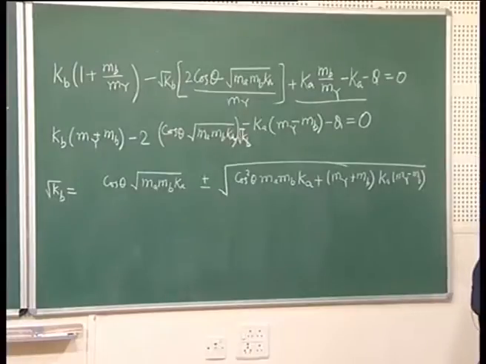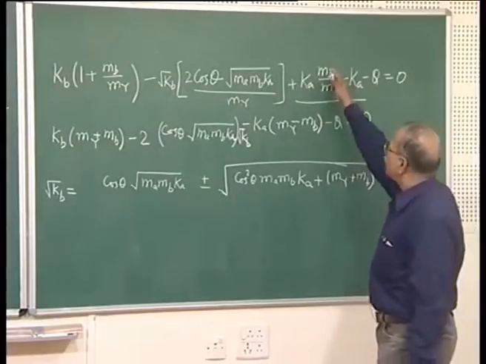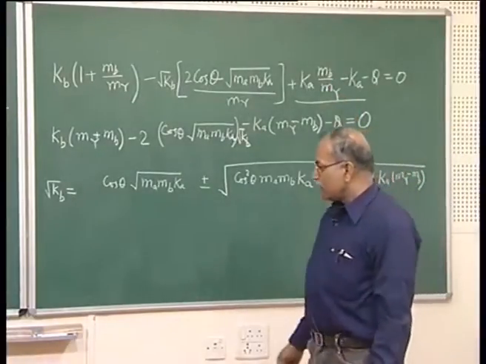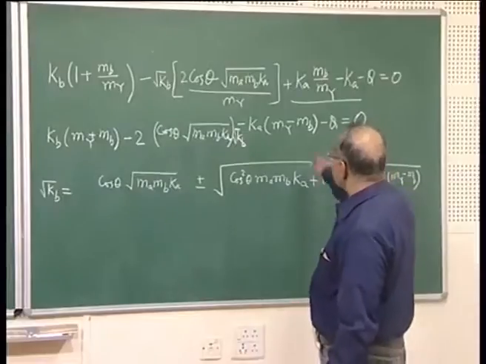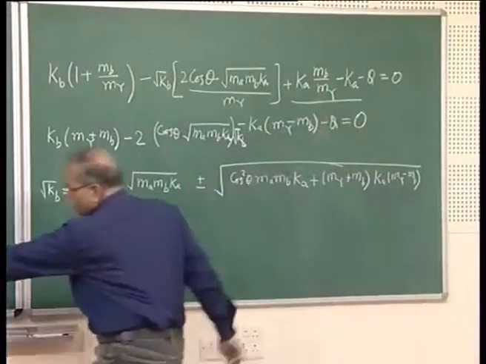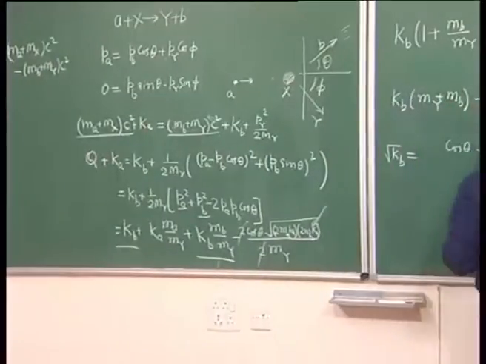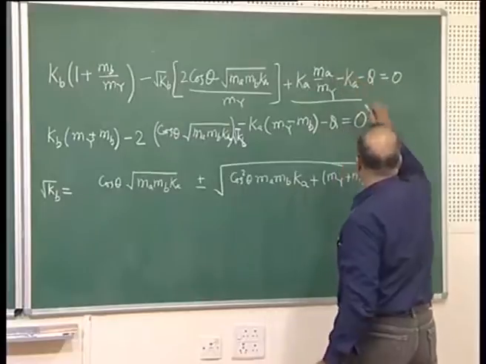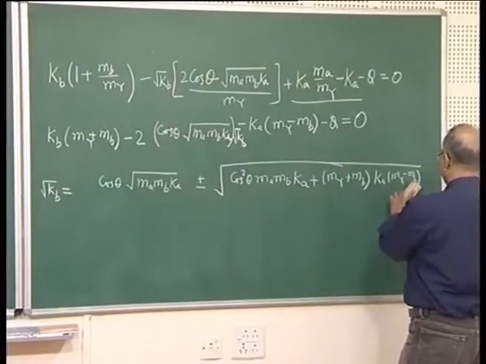Okay, you should check all those calculations. Ka, why is it Ka Mb by My? Ka, from where am I getting this term? I am getting this term from this one. So, it is Ma. With Ka it should be Ma.